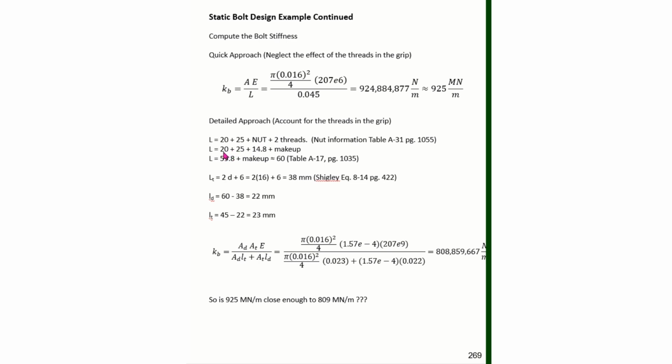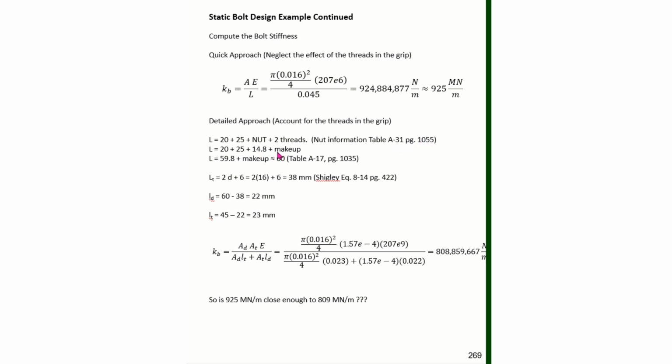So we're going to have 20 plus 25 plus 14.8. Now this 14.8 comes from table A31 in your appendix. It's on page 1074 or so.